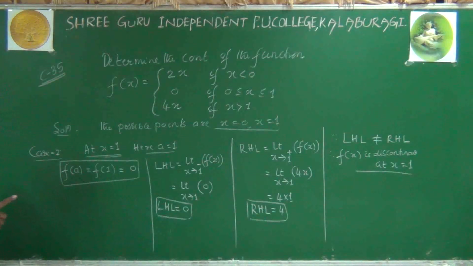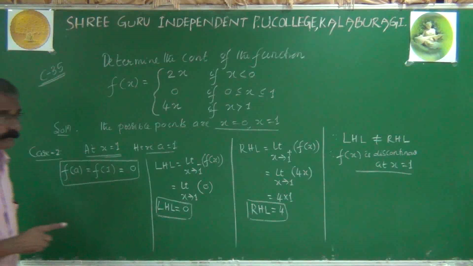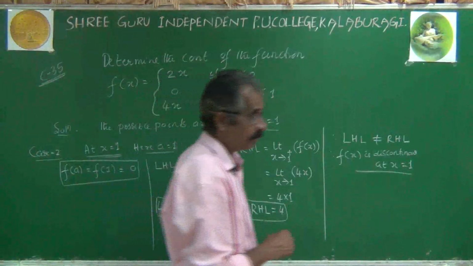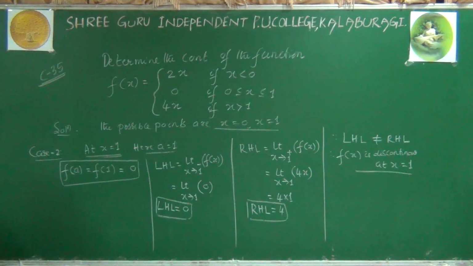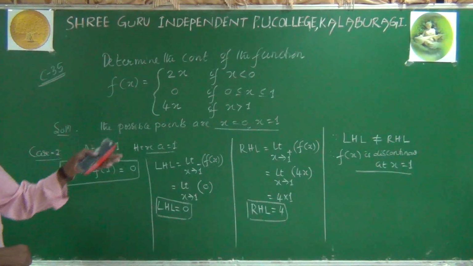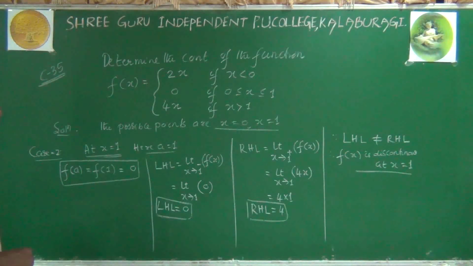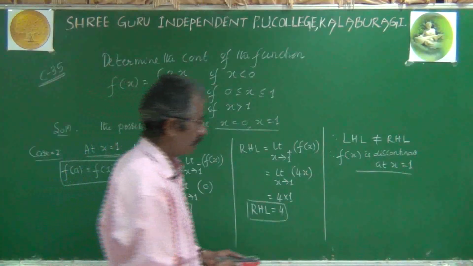So for this function, x equal to 0 is a point of continuity, whereas x equal to 1 is a point of discontinuity. Means at x equal to 1, there will be a break or gap in the geometrical shape of this function. That's the meaning. Next problem.